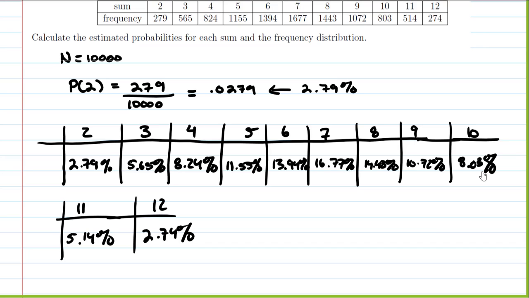So does this fit with our intuition when it comes to rolling some dice? Well, how often do you roll a 2 when you roll 2 dice? Is that more common than, say, rolling a 7? No. So it seems like this seems pretty accurate. We also notice the probability of rolling a 2 is 2.79. What's the probability of rolling a 12?